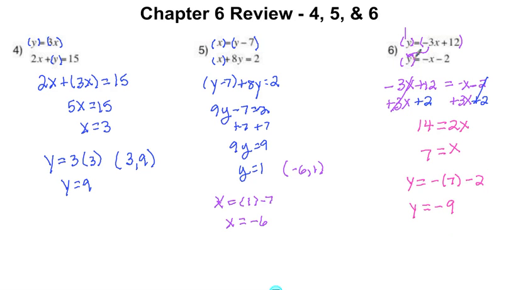And again, just to plug it into the other one, if I plug in 7 here, I get negative 21 plus 12 equals negative 9, and that is true. So my answer here is 7, negative 9. So that's the first 3 in substitution. Let's do the last 2.